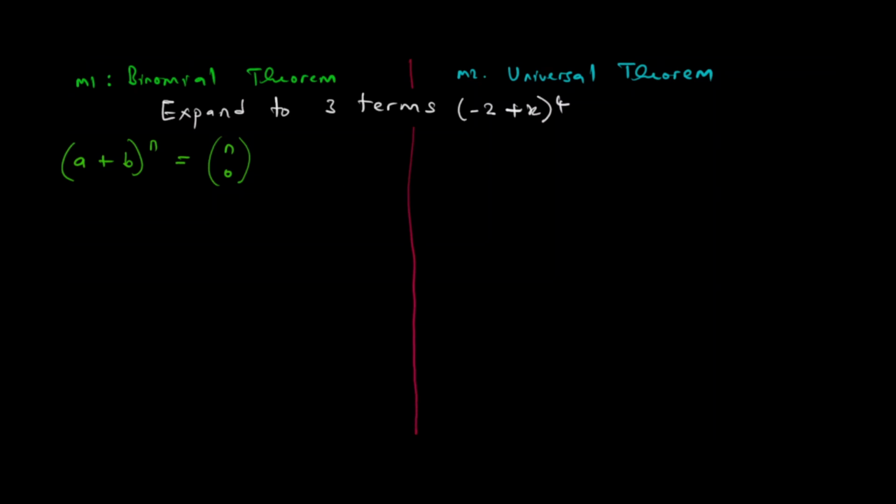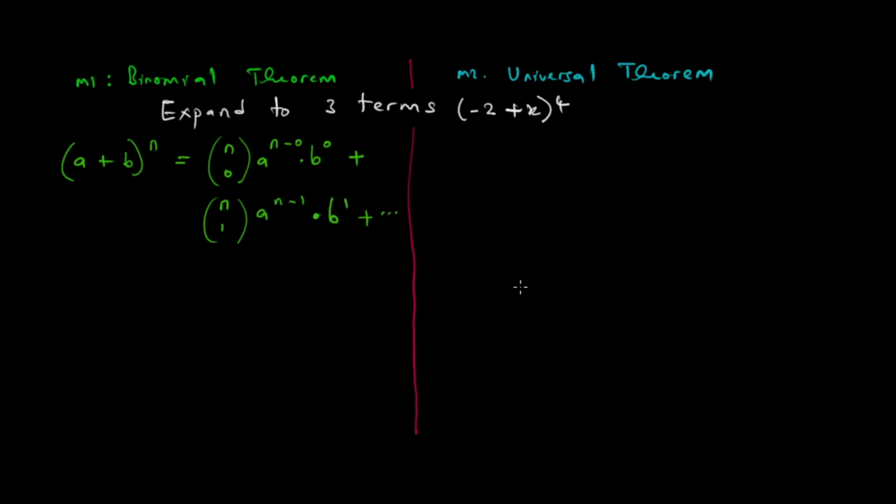Okay, so we have n choose 0 times a to the n minus 0 multiplying b to the 0, plus n choose 1 times a to the n minus 1 multiplying b to the 1, plus and so forth.